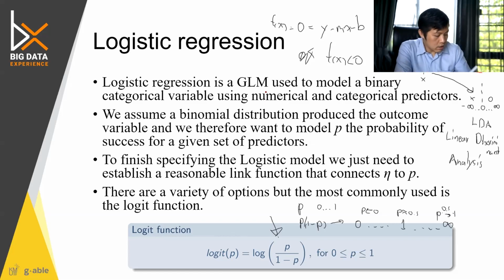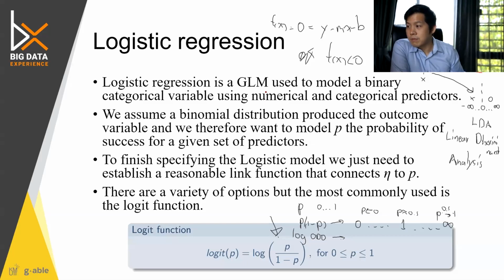When you take the log of odd, the range should differ, because the logarithm approaches negative infinity as the value inside the logarithm approaches 0. And then log of 1 is 0, and for whatever large value there, you also have infinity.